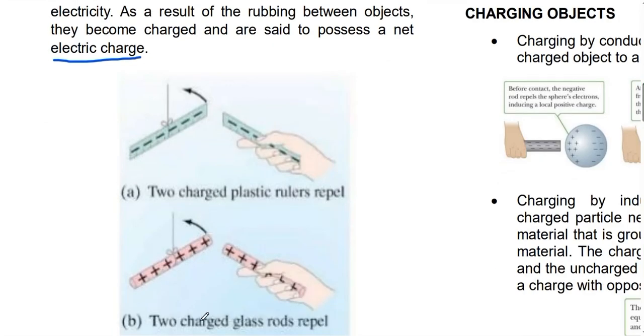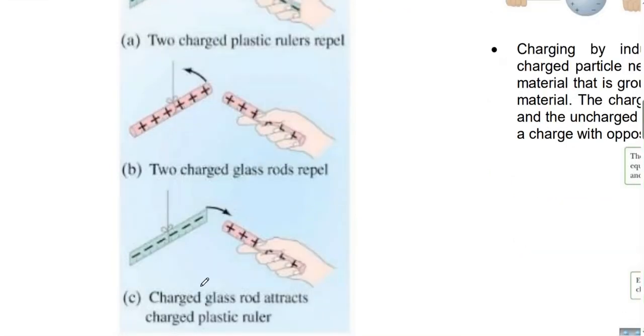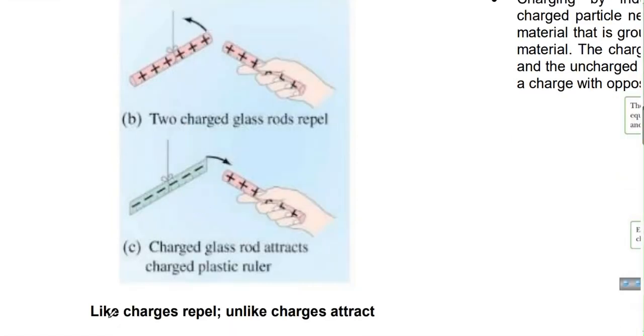If we have another type of material, for example a glass rod, we can rub it on cloth. After that, when they are brought close to each other, they're also expected to repel. But if the charged ruler and the glass rod are brought close to each other, they're expected to attract.